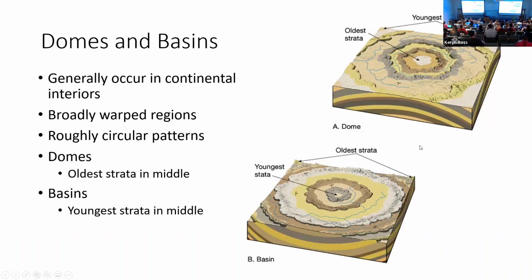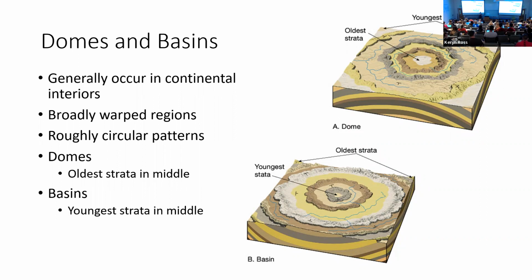Now, the last thing of this type that we're going to introduce you to is domes and basins. It's really hard to do with paper, but it's like if I could force this all around my fist and it would make a dome. So basically it's a bowl, and this is really gently warping.